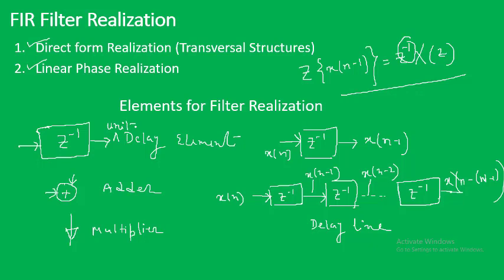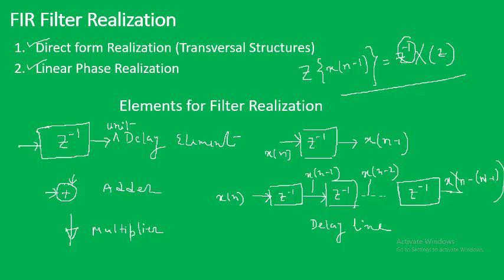If we try to implement the digital filter circuit, we have to use some unit memory element, that is a shift register or flip flop, and we will also require adders.